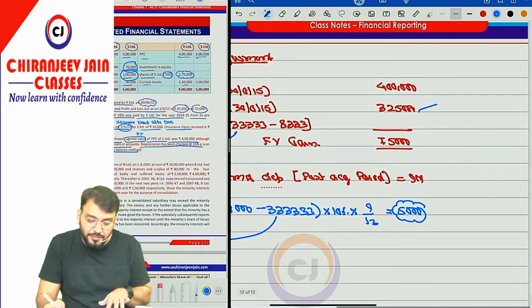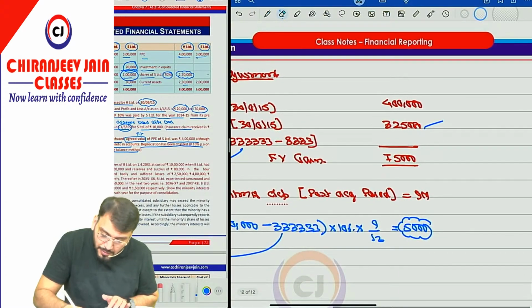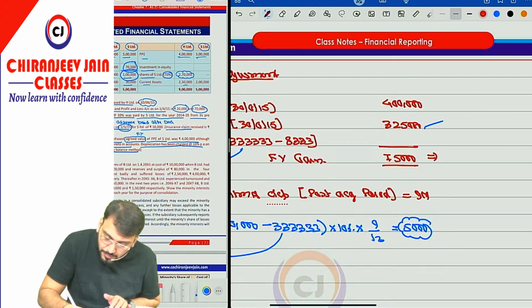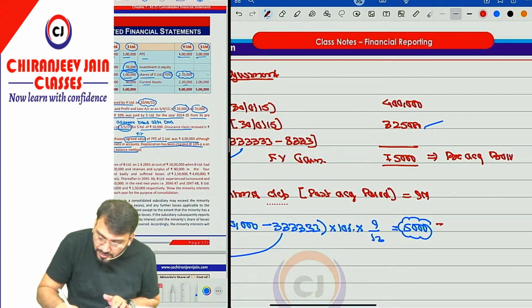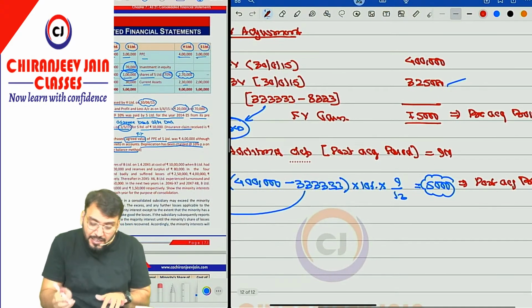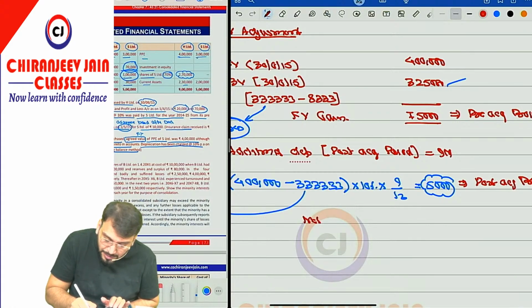Means can I say this will be added to the pre-acquisition profit, and this will be deducted from the post-acquisition profit. Correct. And the net increase, what? If you see, net increase in PP is 75 minus 5, that is 70,000.